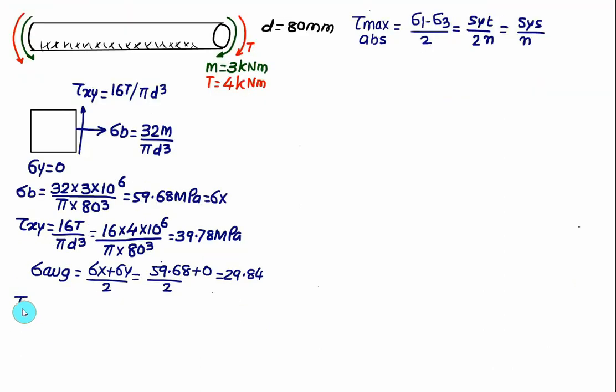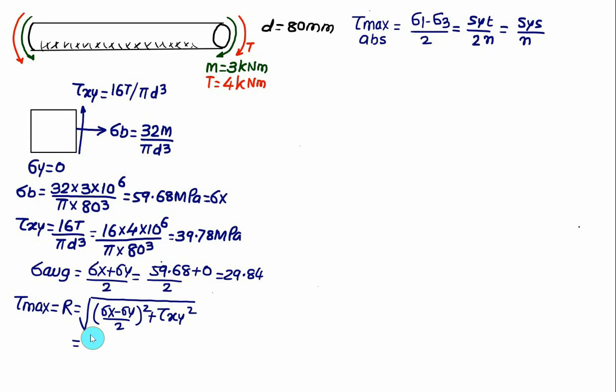Then the maximum value of shear, not absolute, this is the maximum value of shear, is the same as the radius of the Mohr circle, given as the square root of ((sigma x minus sigma y) divided by 2) whole squared plus tau xy squared.